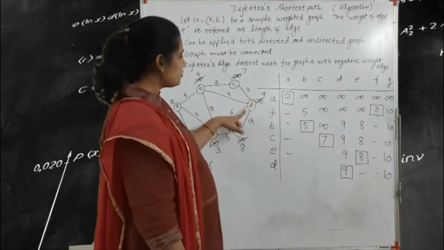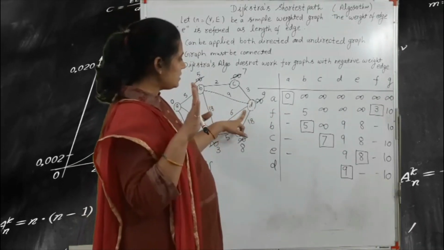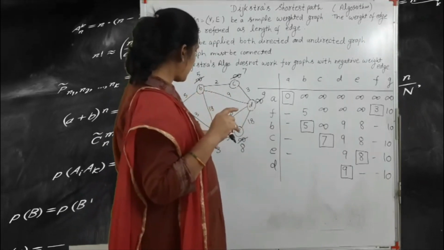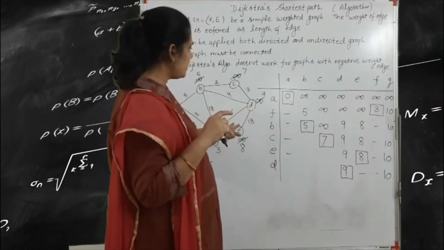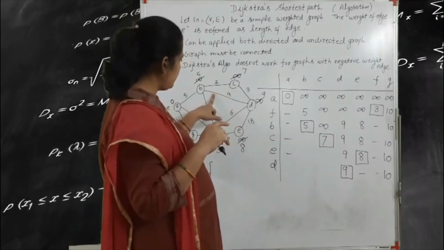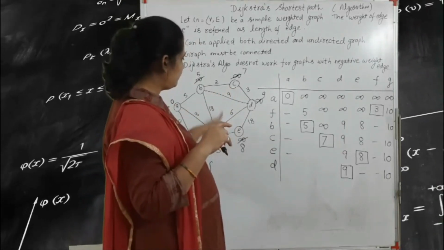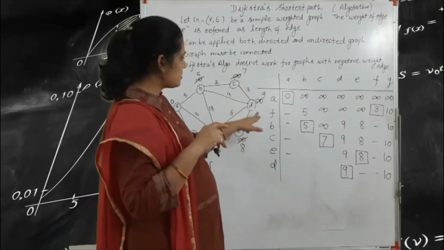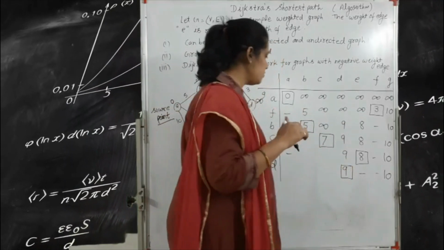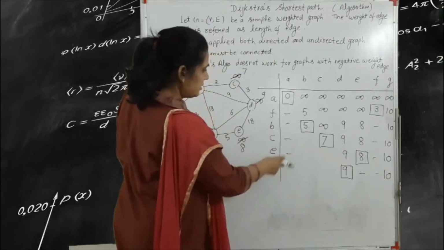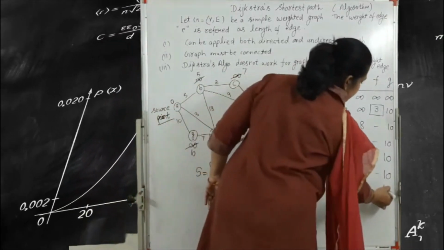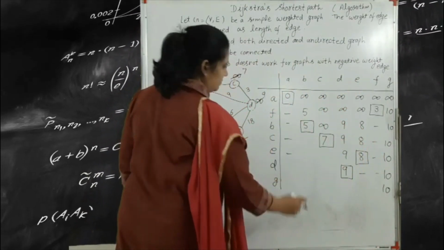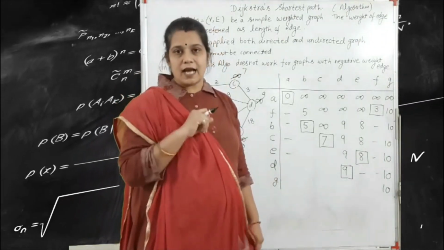According to the D vertex, we have the four edges: C, B, F, and E. Here C, B, F are already completed, and E is also completed. So next, we write the 10 as it is, and here we write the G, because G is the last vertex.